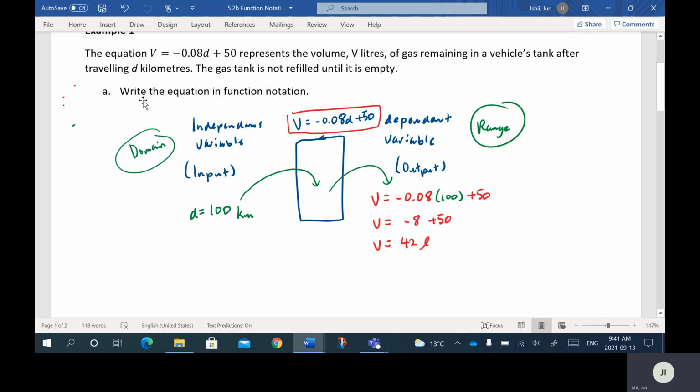All right. So when it comes to this new concept, function notation, what it's asking you to do is write the equation in function notation.